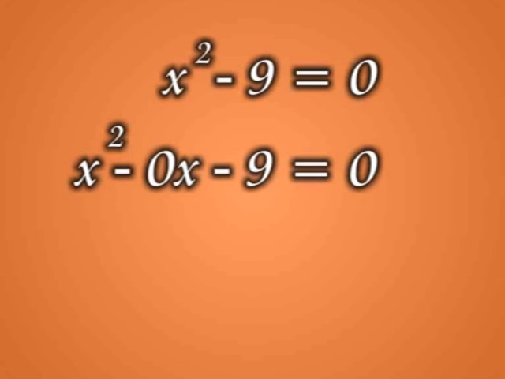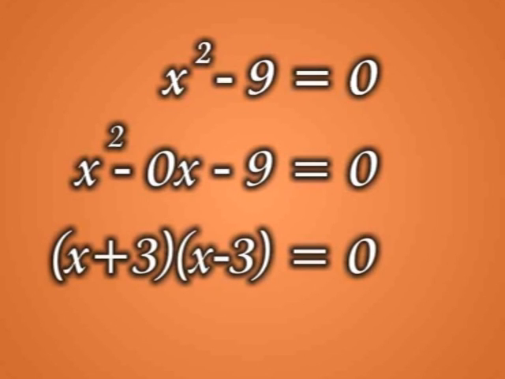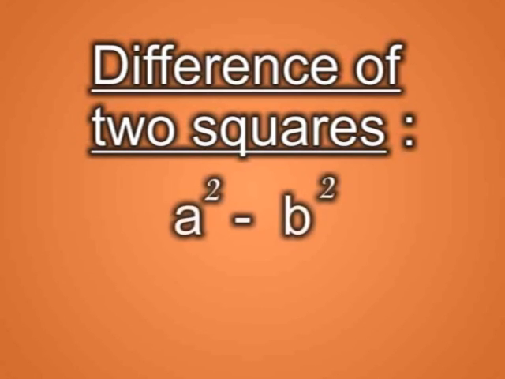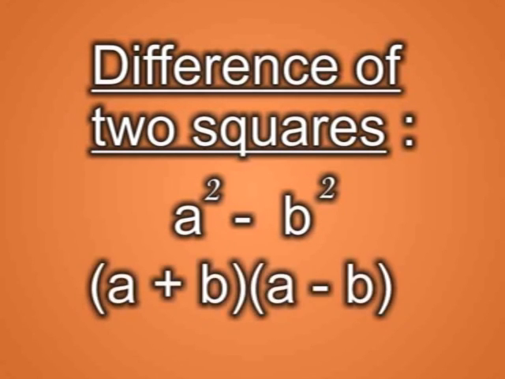No. We've only added, or rather subtracted, a 0 term. 0 added to or subtracted from anything doesn't change that original term. Now factorize that. That will become x plus 3 times by x minus 3. This is called difference of two squares. The law of difference of two squares states that a squared minus b squared is equals to a plus b multiplied by a minus b.